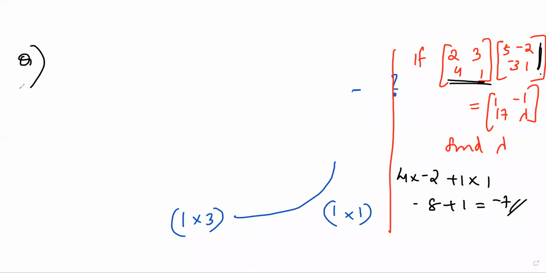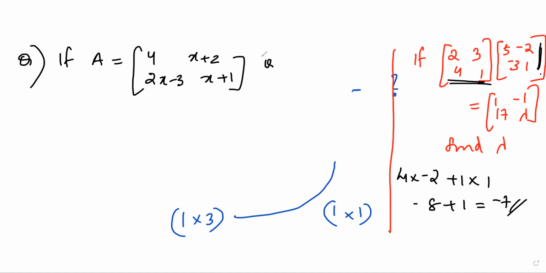So we'll do some questions from this chapter, then we'll be going to determinants today. If A is equal to matrix 4x plus 2, 2x minus 3, x plus 1 is a symmetric matrix, find x.